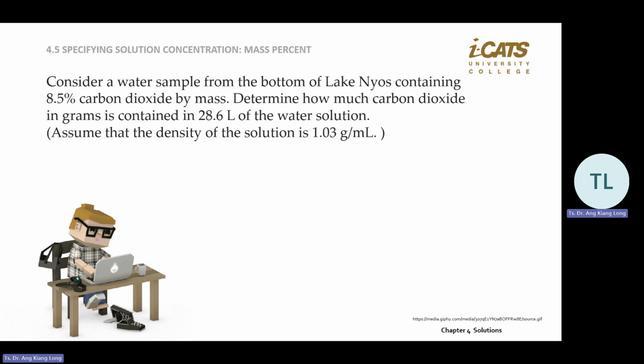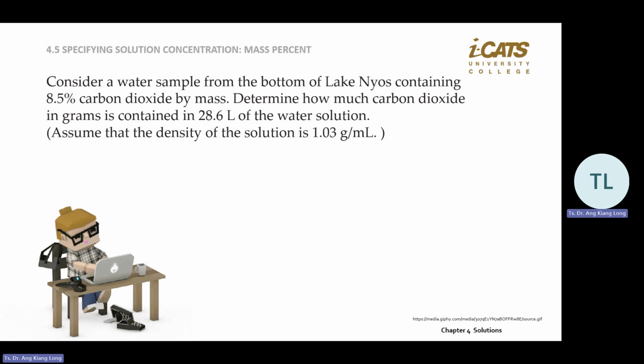You know that milli is 10 to the power negative 3, so you just need to write it like this. You convert rho equals 1.03 grams per mL: you put in the conversion, 1.03 grams over 10 to the power negative 3 liter.